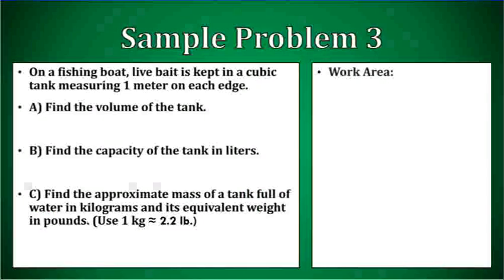Third question. On a fishing boat, live bait is kept in a cubic tank, measuring 1 meter on each edge. So that would be 1 cubic meter. So right now we have 1 cubic meter, which is the volume of the tank.